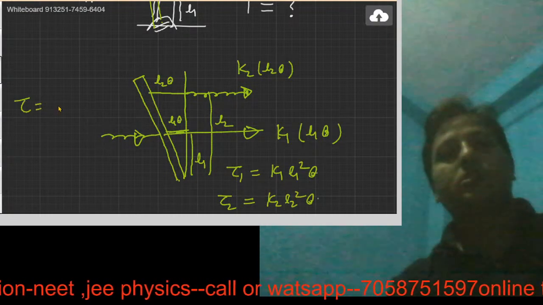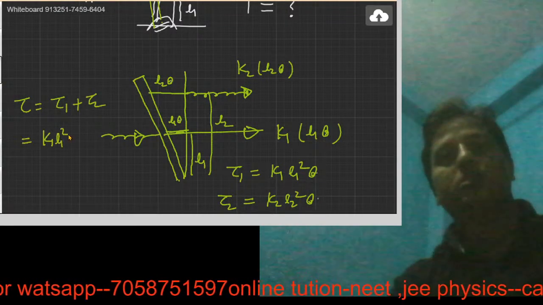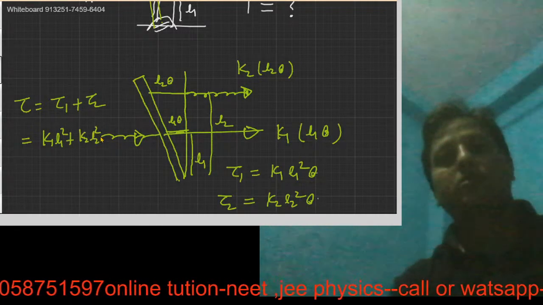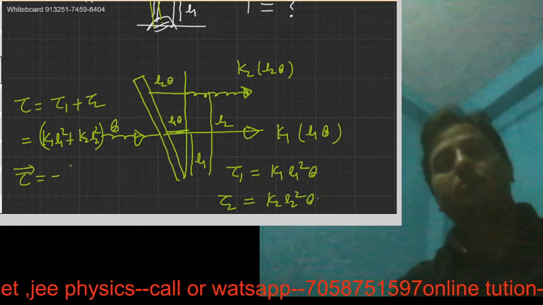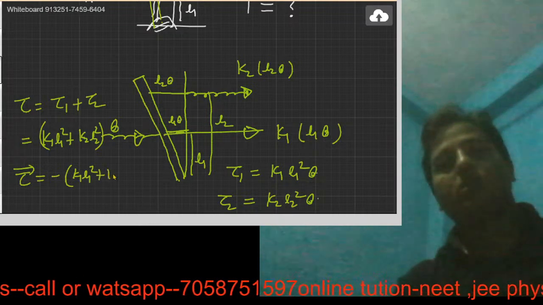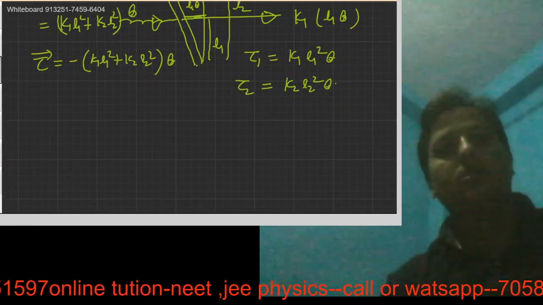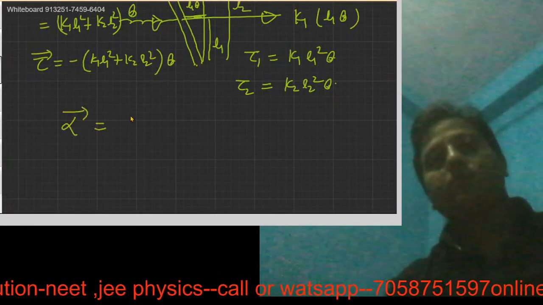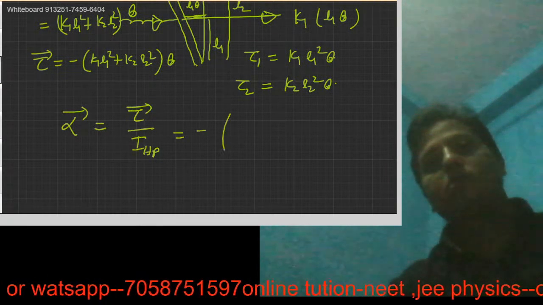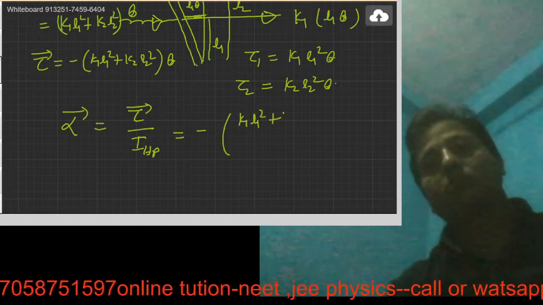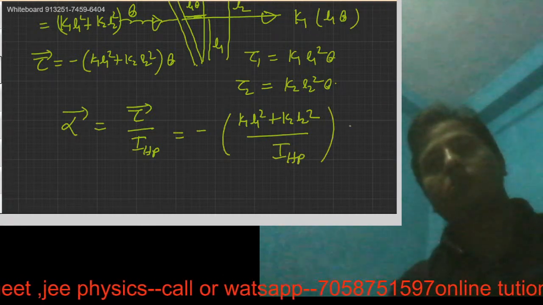So the net torque is T1 plus T2, that equals K1 L1 square plus K2 L2 square, into theta. Taking the vector form, that comes out to be minus K1 L1 square plus K2 L2 square into theta. So what is alpha? Alpha is tau over I about the hinge point, which equals K1 L1 square plus K2 L2 square over I about the hinge point, into theta.